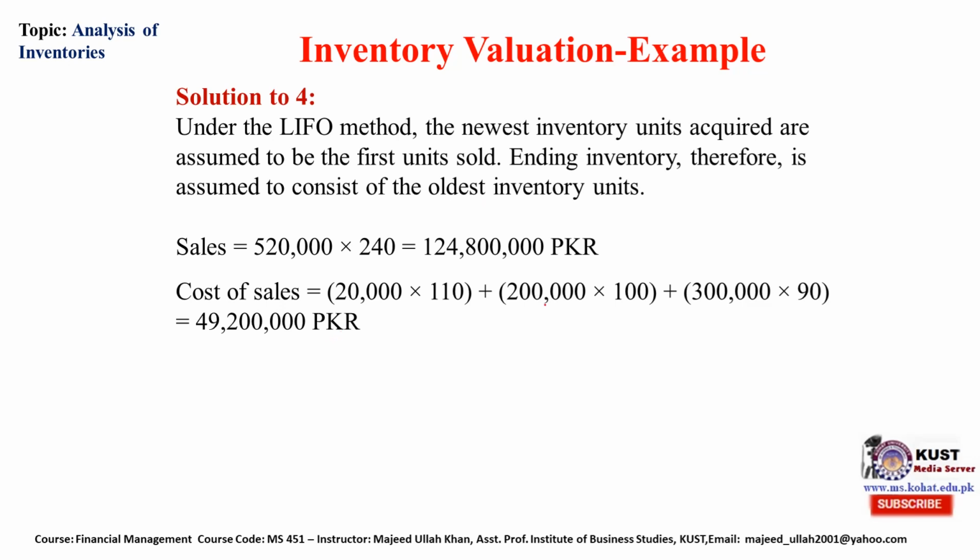So we will sell the newest inventory first under this assumption. So 300,000 multiplied by 90 rupees, then in these 520 units, 200 will be sold from second shipment, 200,000 multiplied by 100, and only 20 units will be sold from the oldest one, that is 110.